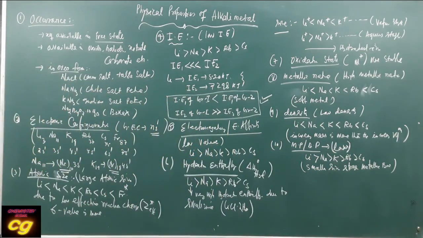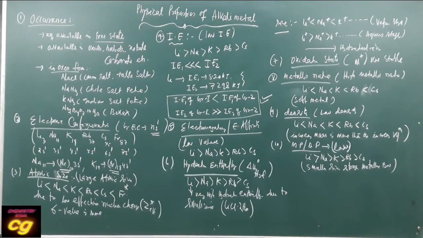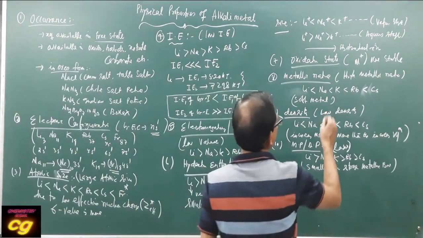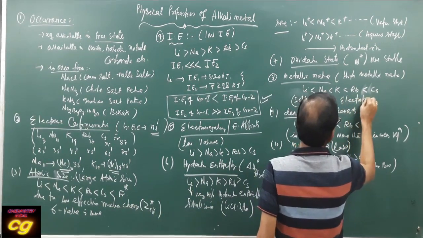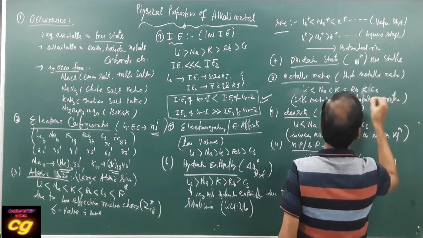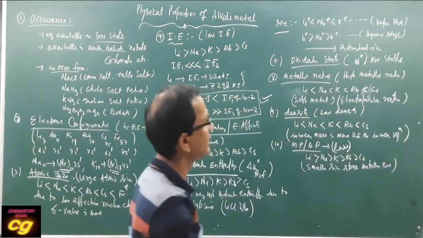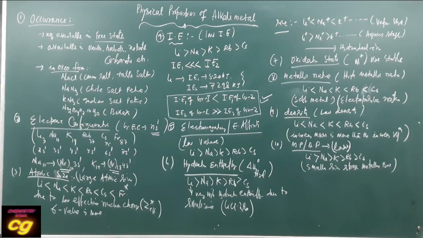Okay? Boiling point, melting point, density, metallic character. Metallic character means highly electropositive character. This is also electropositive nature. Metallic character and electropositive character are the same for metals.